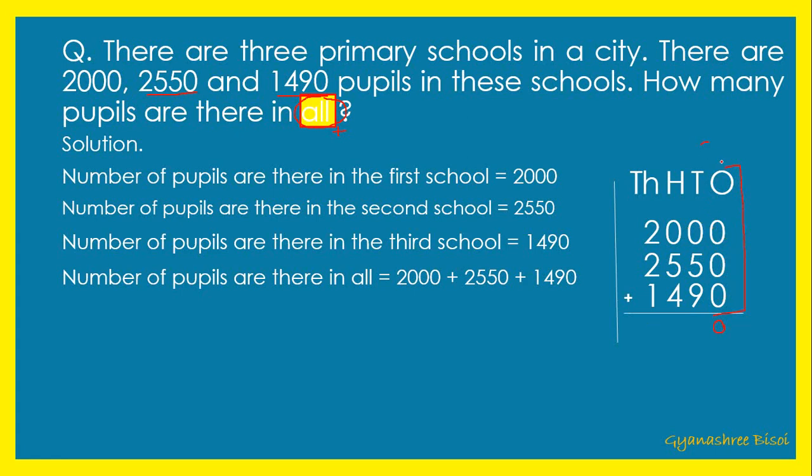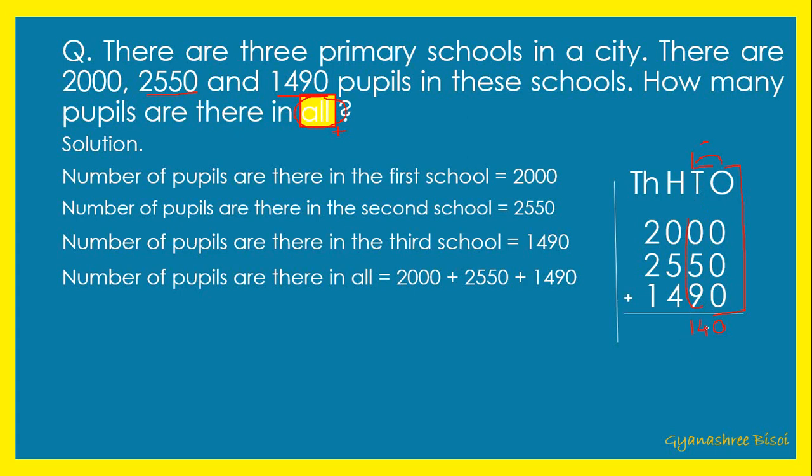Now I will move to tens place. And at tens place I have 0 plus 5. 0 plus 5, that becomes 5 only. 5 plus 9. Then 5 plus 9 equals 14. Correct? 14. Now I have added the digits which are at tens place.